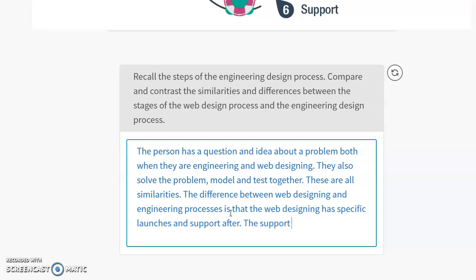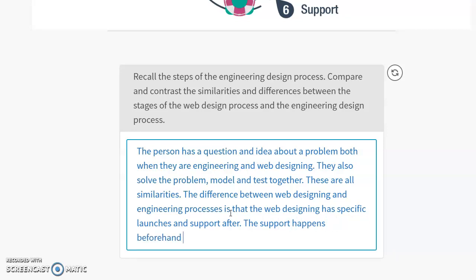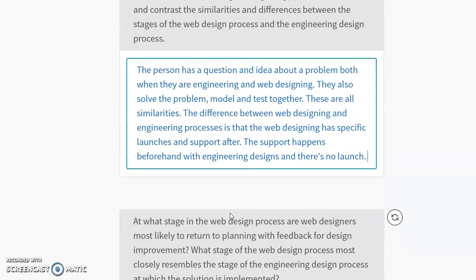The support happens beforehand with engineering designs, and there's no launch. You don't typically launch an engineering design, it's just there.